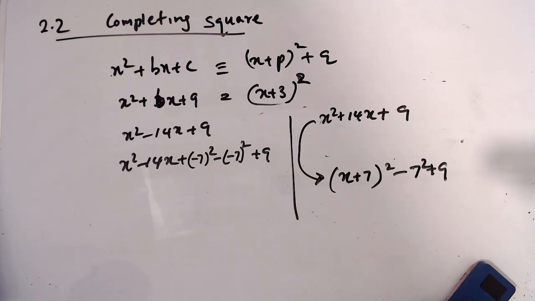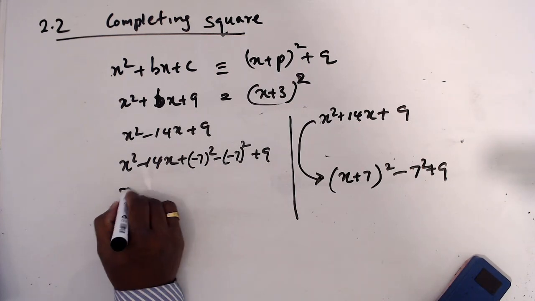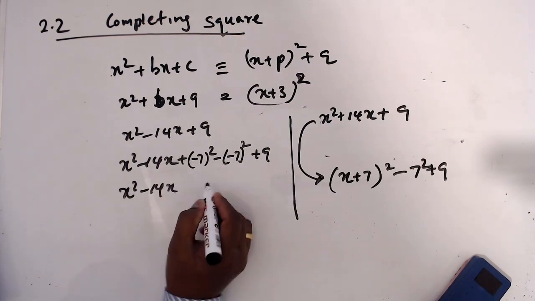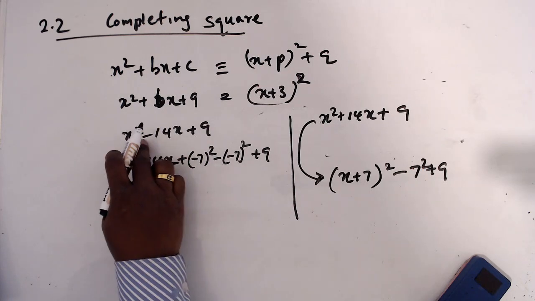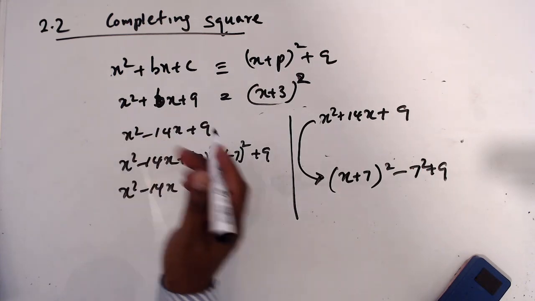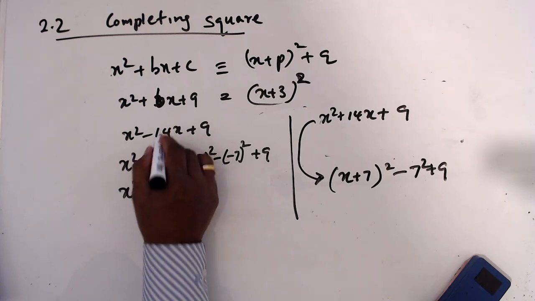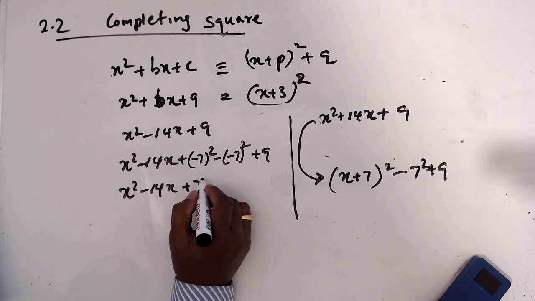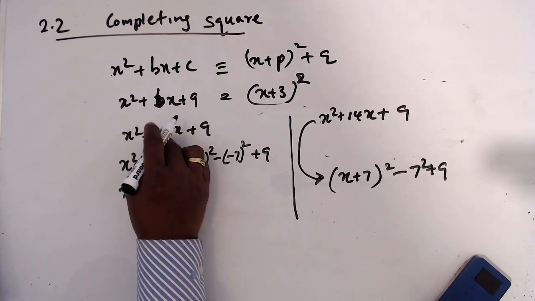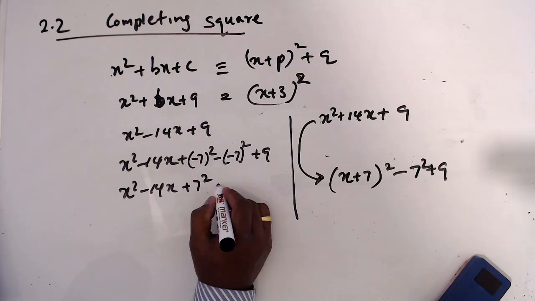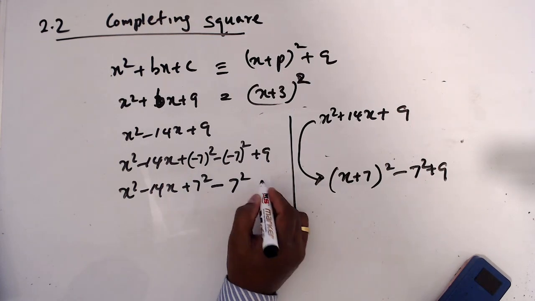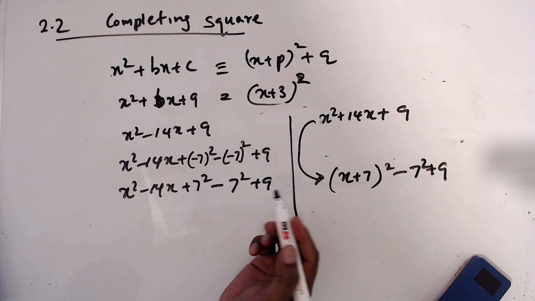So still you can do it like this, x square minus 14x. You can disregard this symbol. What is half of 14? Half of 14 is 7. You add 7 square and minus 7 square plus 9.